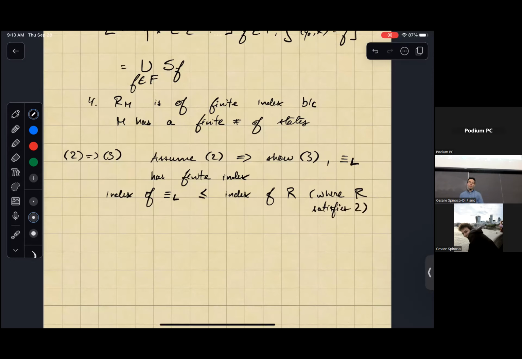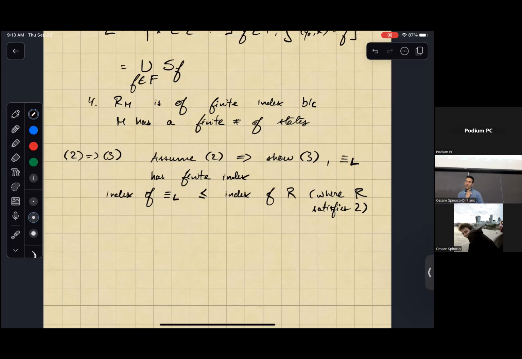Okay, so why will that have shown that the index of the Myhill-Nerode relation is finite? Well, I know by assumption that the index of R is finite, right? So if I have a number that's less than or equal to a finite number, then of course that number is finite.